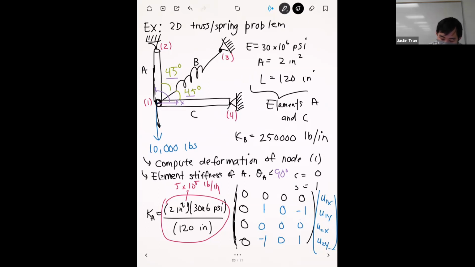But because we have these other elements applying forces in their respective directions as well, we might actually have some deformation in the x direction too. And even if we wanted to find the displacement in this direction, we'd have to transform everything to the stationary coordinates anyway, because this spring is slanted up by 45 degrees and this element is horizontal. We want to get everyone into the same system so that we can compute everything at the same time.